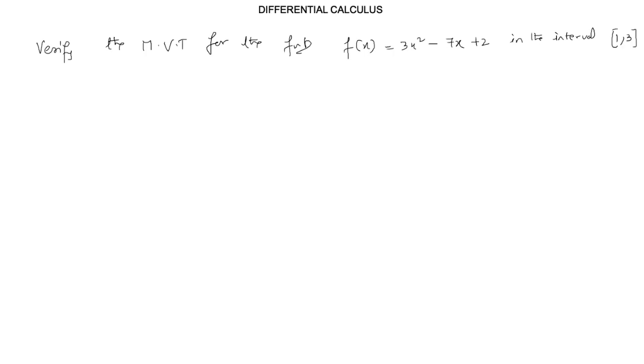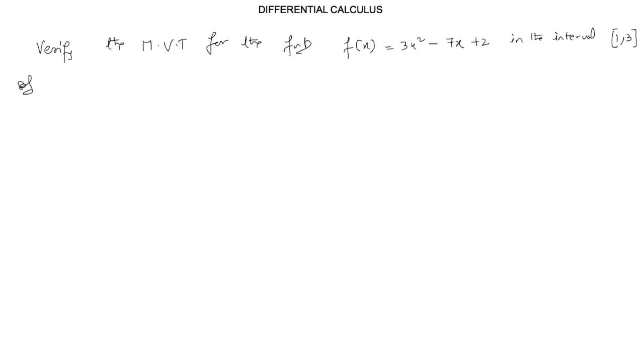Let us verify the mean value theorem for the function f of x, which is 3x squared minus 7x plus 2, in the interval (1, 3).